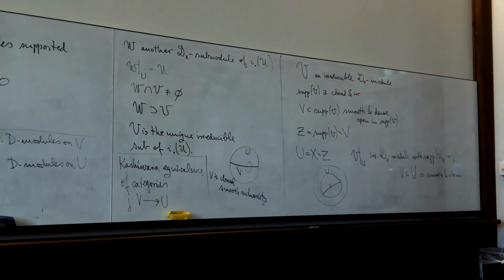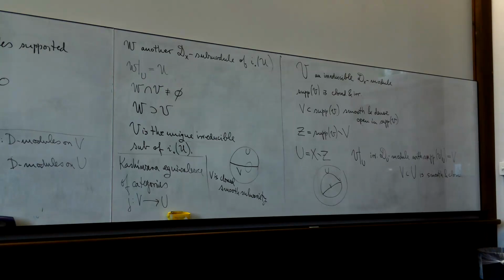So for example, if your subvariety is defined by a function, we will take a vector field which is non-trivial on this function, apply its powers and take a direct sum.